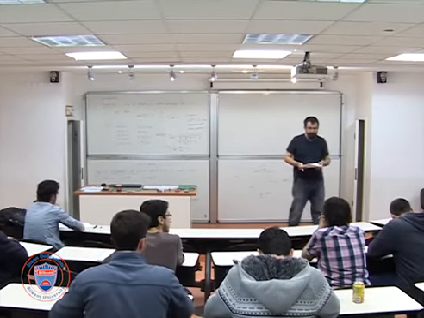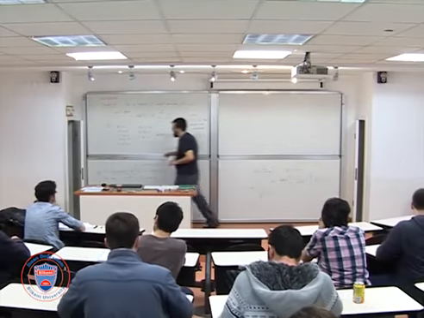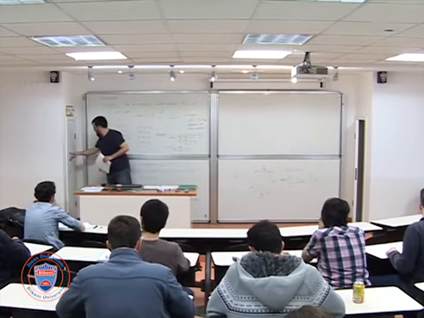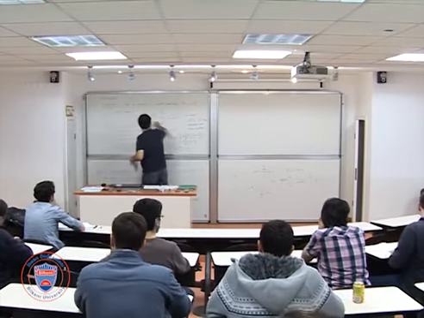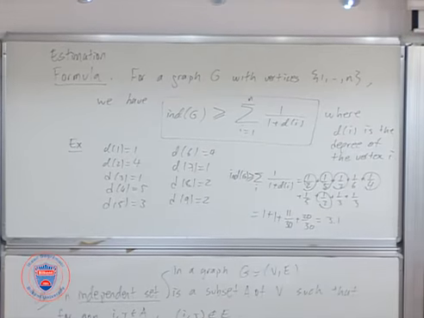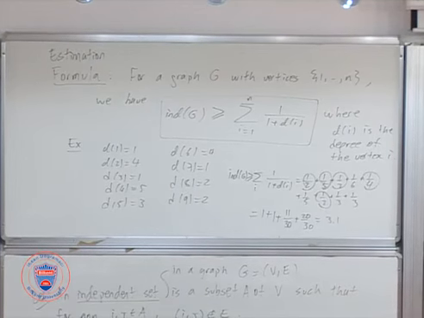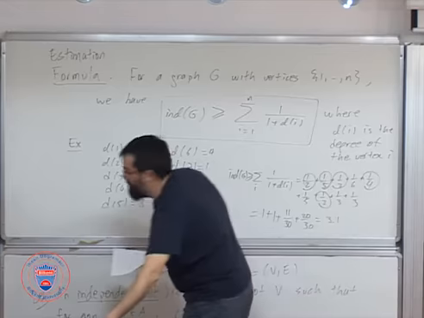Okay, so this formula for independent sets gives us the formula that I stated earlier about maximum clique size. So what's the maximum clique size?